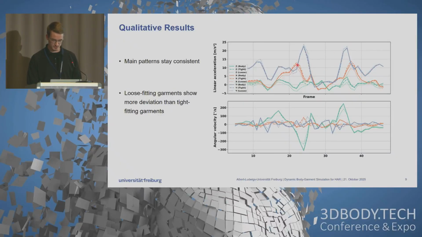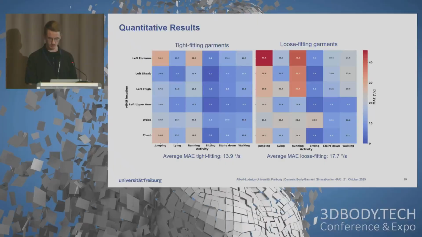We have some deviations. One thing that's immediately visible here is that it really depends on the activity. For static activities like sitting, we have really low errors for tight-fitting and loose-fitting garments. But if we have faster or high-velocity activities like running or jumping, the error gets higher.